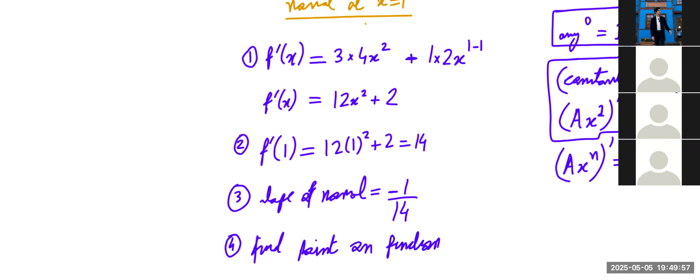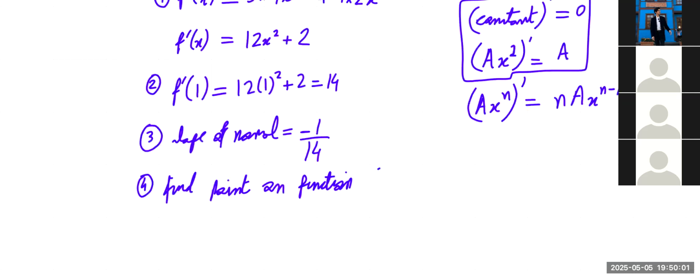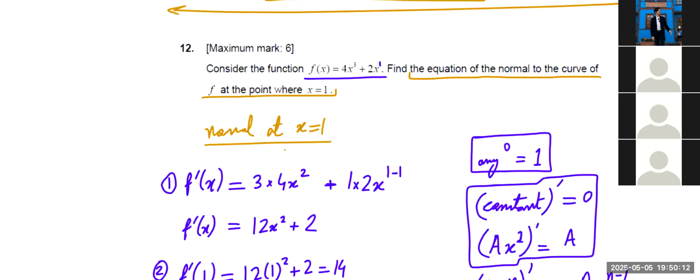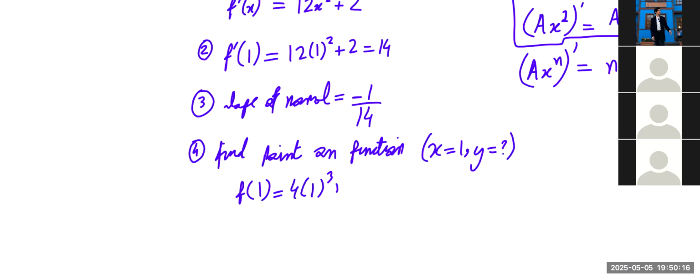Now, step 4, find the point on the curve. We already know that x equals 1 is part of the coordinate, but that's only one thing. What is y? You want to find the y value too. How do we find the y value? Literally just plug in x equals 1 into the main function, which means 4x cubed plus 2x becomes 4 times 1 cubed plus 2 times 1, which is 6, which means that y is 6.